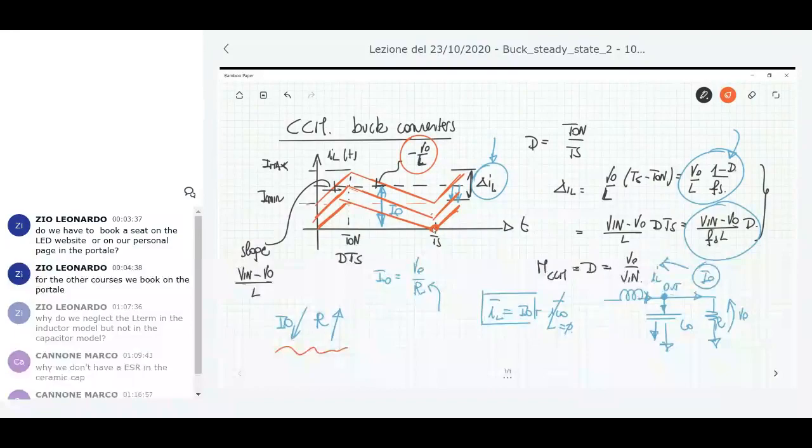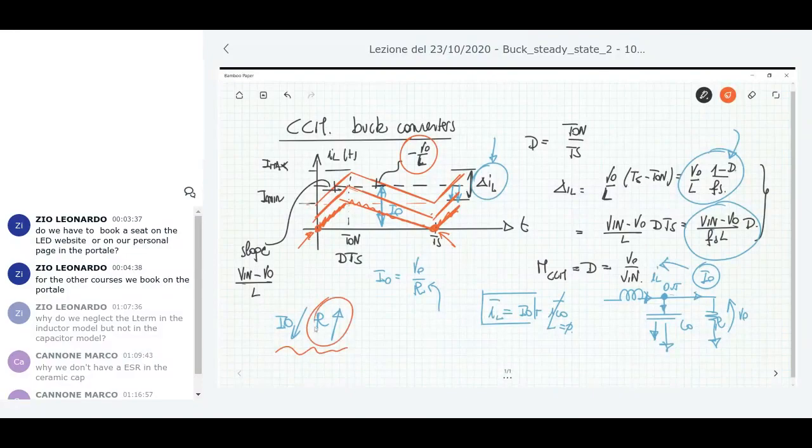So the critical situation, the boundary situation between continuous induction mode and discontinuous induction mode, is depicted by the situation in which the current IL goes to zero in one single point. Okay, just here and here. This is the situation.